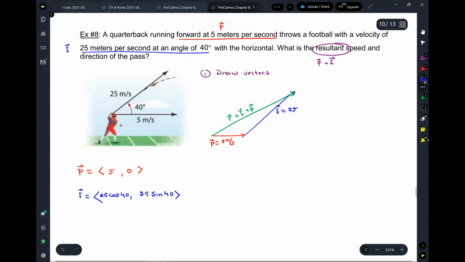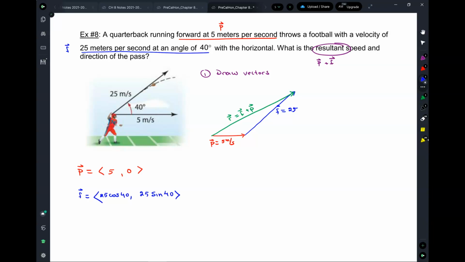Okay, so let's look at where I'm getting the information. Do you see how in the beginning I underlined this in red, right? So that sort of tells you the vector component. It's all forward in the x direction, 5 meters per second, so 5, 0. Then this one is 25 meters per second at an angle of 40.